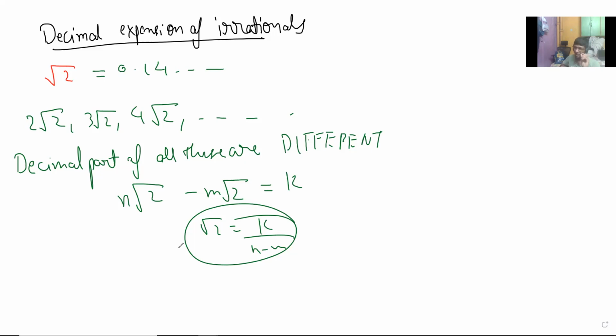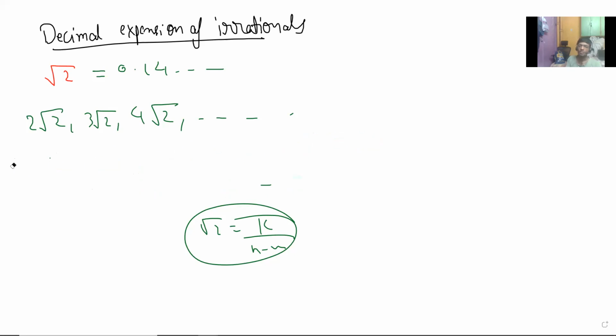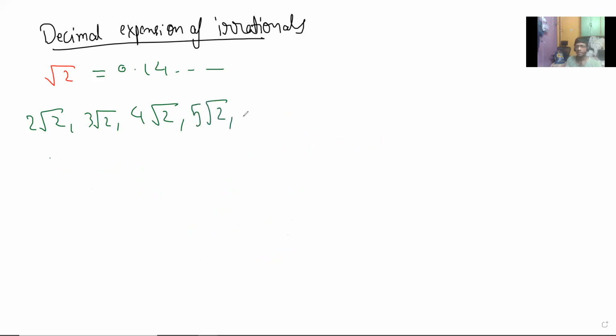But we want to say something more. We want to say that the decimal part can get arbitrarily small. As small decimal parts as you want, you can get. Let me just put it as a problem first.